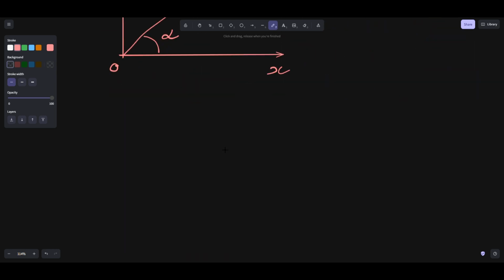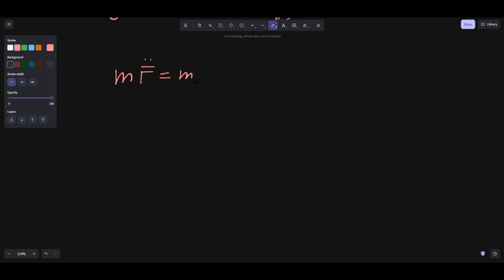So let's start from the beginning. The equation of motion for a projectile under gravity is the following. Here I'm denoting a vector with a line and the derivative with a dot.